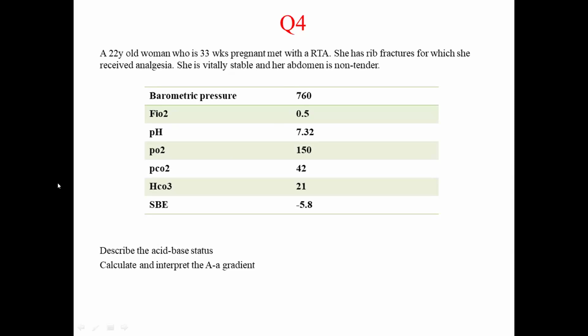No answers in the chat box. Okay, what is the primary abnormality that is present in this patient? Respiratory acidosis with metabolic alkalosis. Okay. A-a gradient 153, 156.